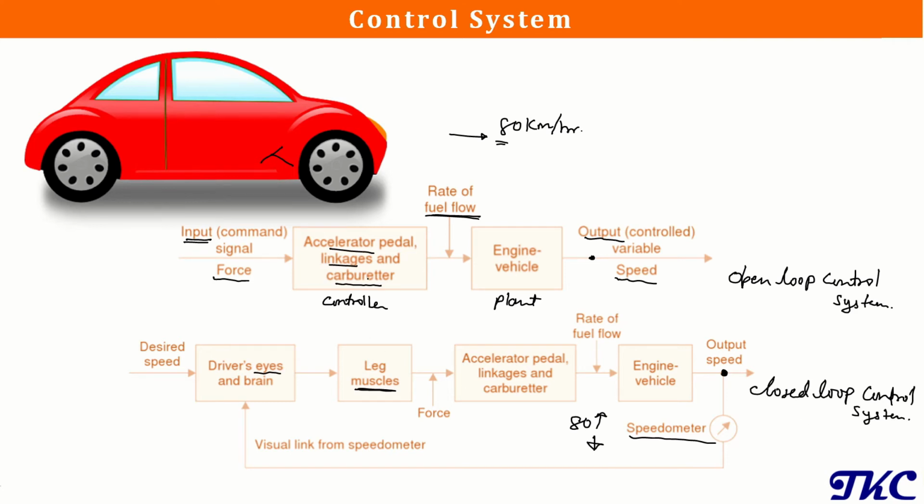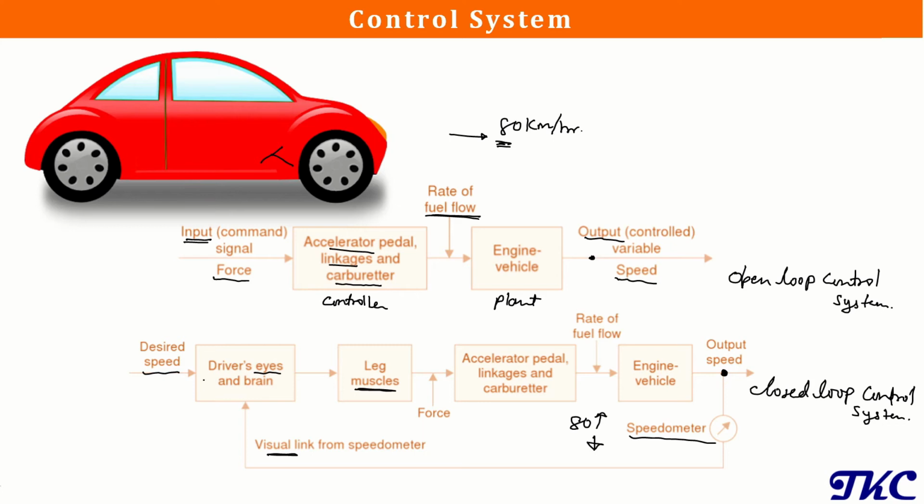So both the diagrams are the same. One is for the open loop and the second one is for the closed loop system. Here the input is the desired speed, then the driver's eye and brain act as a summing point or error detector, which compares the desired speed, that is 80 kilometer per hour, and the speed that we are able to see on the speedometer.